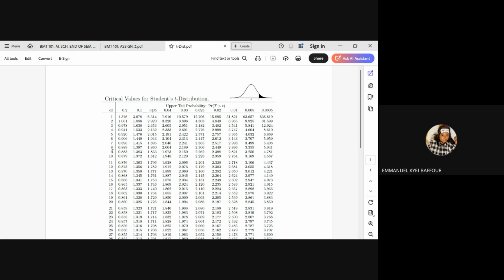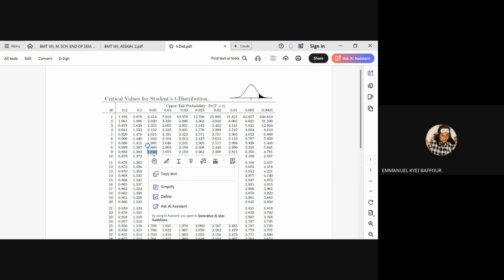So we are coming to read the degree of freedom, which is 9, against that critical region or whatever probability that we've been asked, that is 0.05. So if you trace it, the point of intersection is this one, right? So you have it as 1.833.